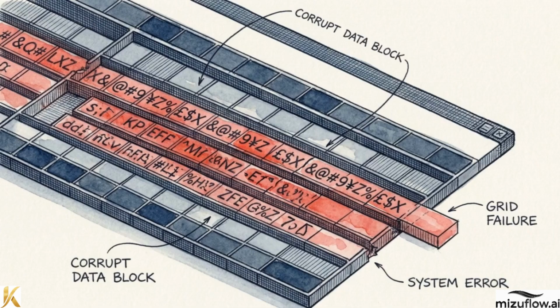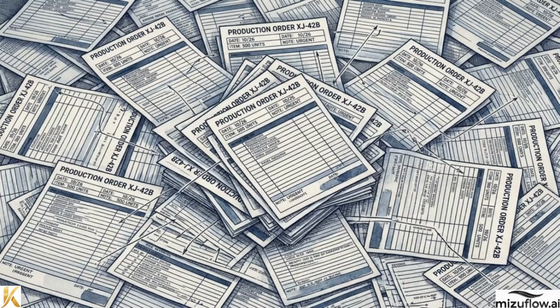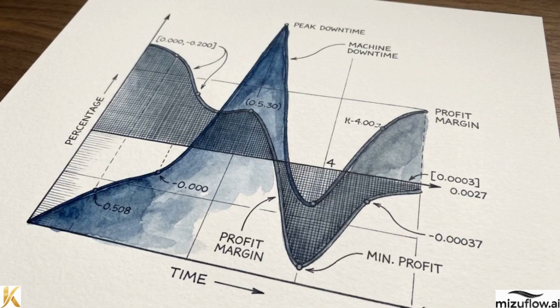Dirty data will aggressively corrupt this settlement. A duplicate production order or an invalid work center entry will instantly distort the variance math, leading to false financial reporting. The variance settlement serves as a precise bridge. It translates physical operational instability directly into quantifiable EBITDA loss.